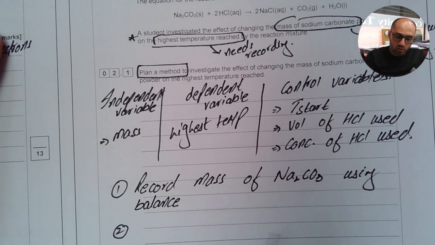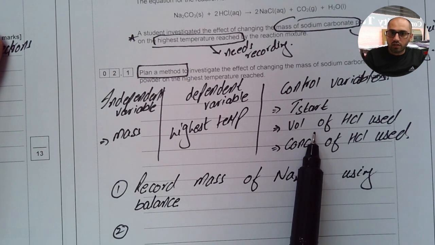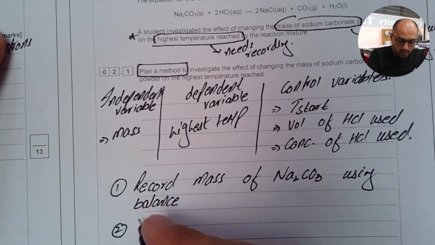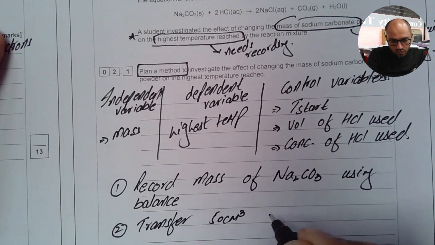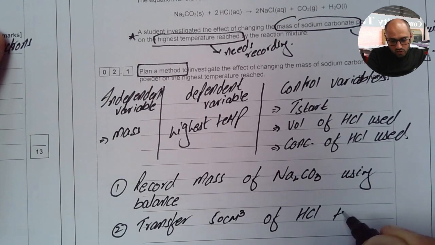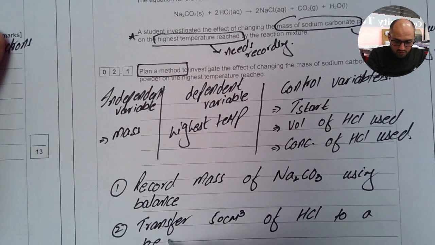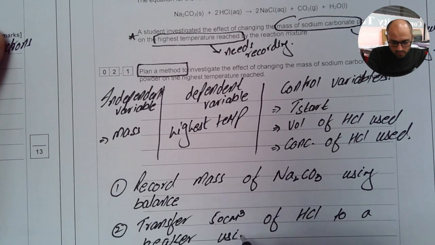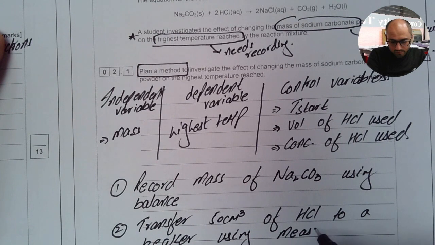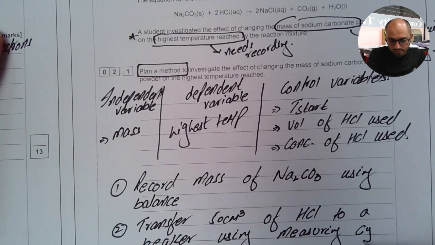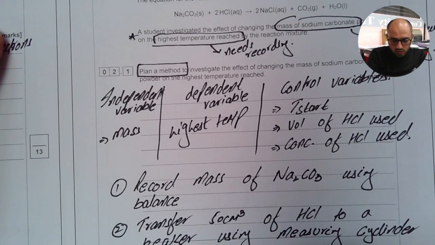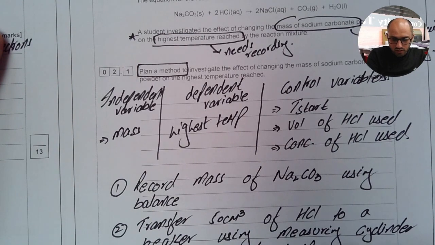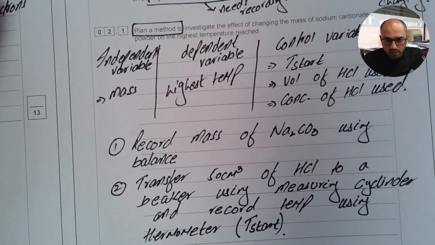Number two, because we are talking about the volume of hydrochloric acid used as well, we'll have to say transfer, let's say 50 centimeter cube of HCl to a beaker using measuring cylinder. And let's say record temperature using thermometer. This will be our T start.